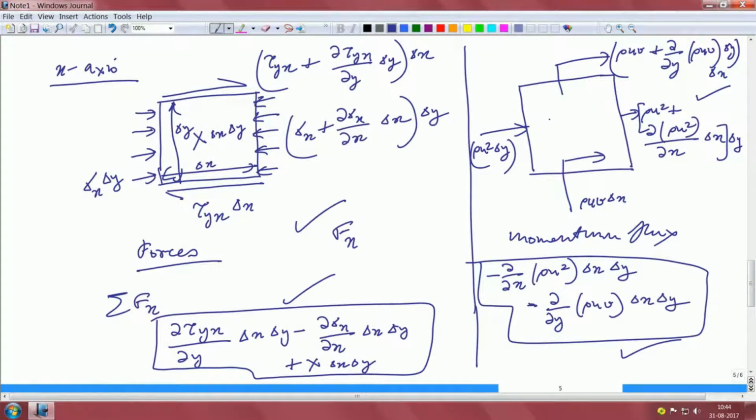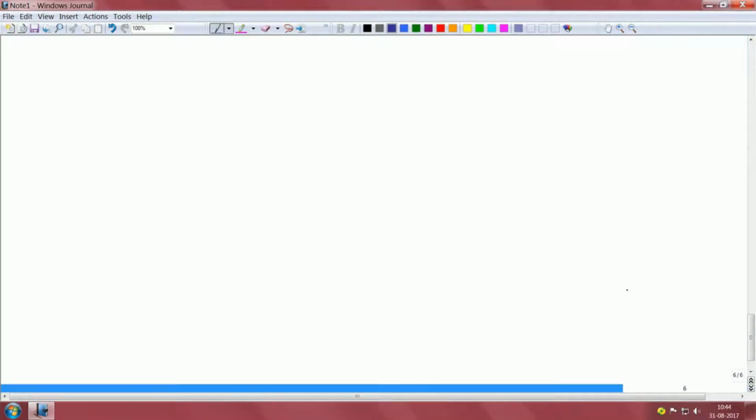So if you look at it, that is the rate of change of momentum within the control volume. It is rho u into delta x delta y. This is the x direction, of course, because once again the direction part is very important here. So now we are gathering all the terms, and your equation would look like this.